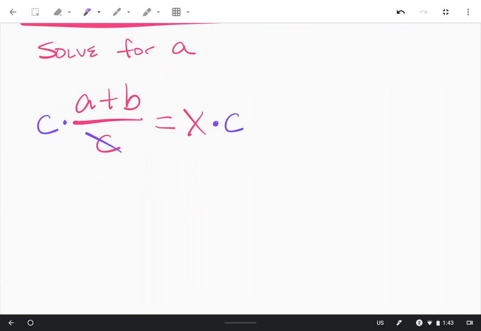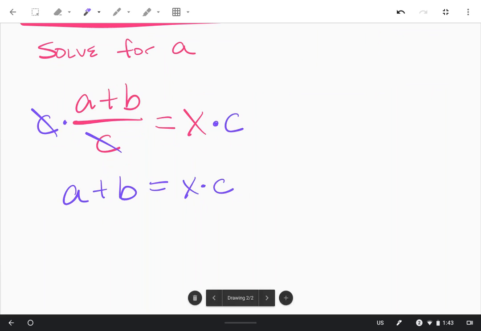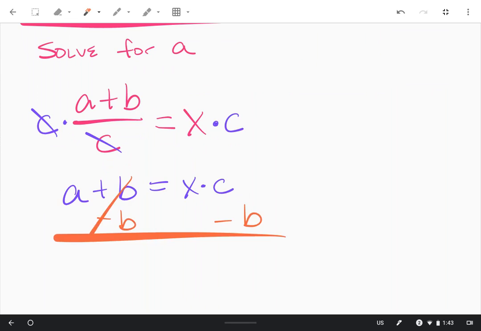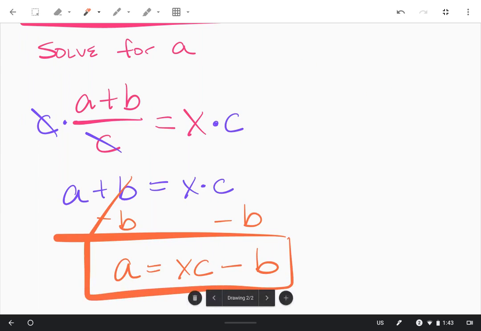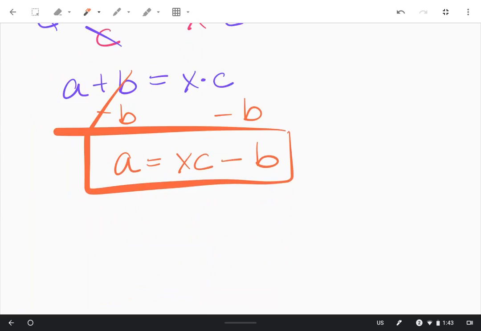So that's going to cancel this out, leaving me with a plus b equals x times c. And then I'm going to need to get rid of the b. So I'll subtract b from both sides. I'm doing the opposite. That cancels, leaving with a equals xc minus b. So you can see the rules of algebra still apply. I'm not doing anything different than what I was doing when we're solving for x equals a number. I'm just moving around the letters to solve.